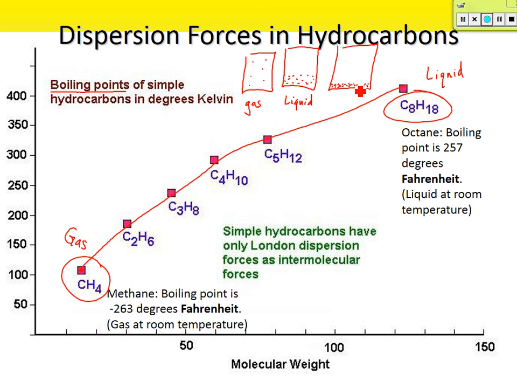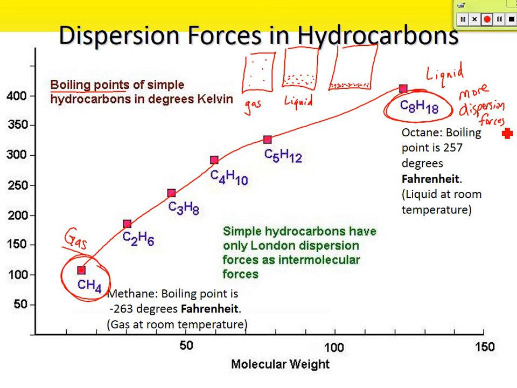So let's try and figure out why this hydrocarbon, methane, is a gas at room temperature, and octane is a liquid at room temperature. What did we say about the dispersion forces? They get larger as the molecule gets bigger. So that means this one has more dispersion forces, right?